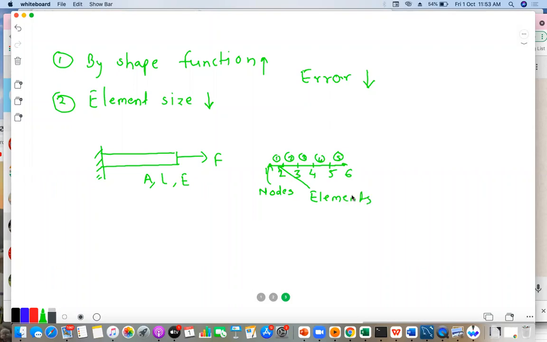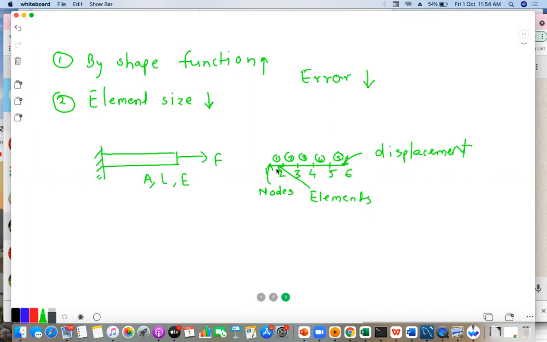Okay. Now, I can calculate, let us say if I want to calculate what is the displacement here, I can calculate displacement or what is the unknown at nodes.